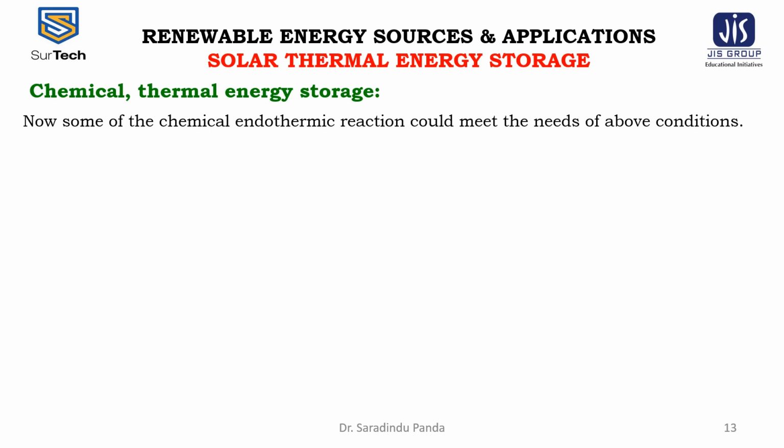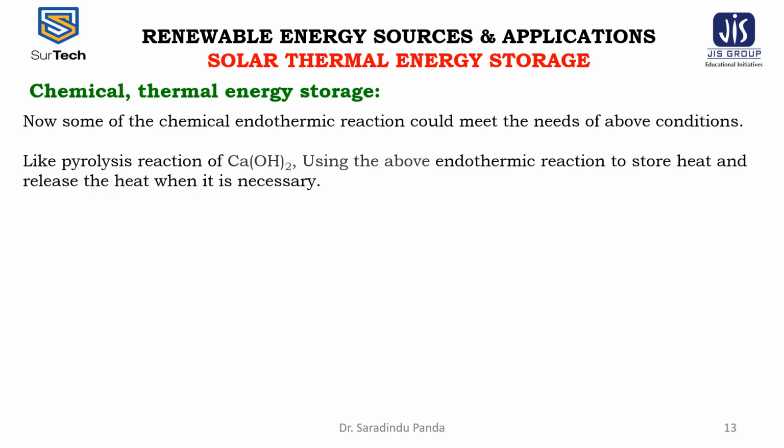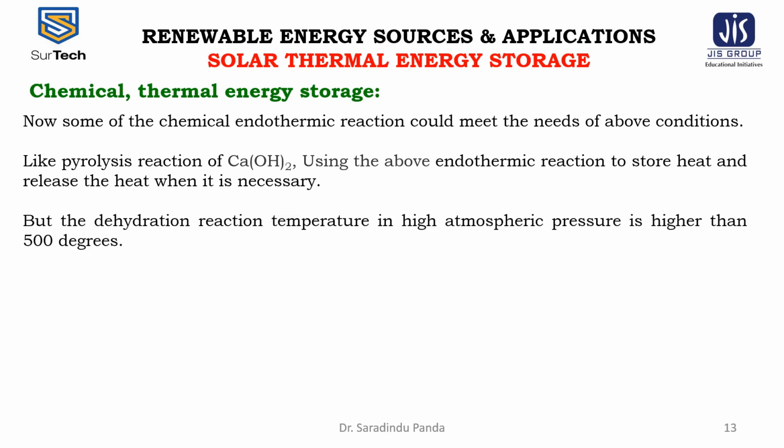Now some chemical endothermic reactions could meet the needs of the above conditions, like the pyrolysis reaction of calcium hydroxide, using the endothermic reaction to store heat and release the heat when it is necessary.